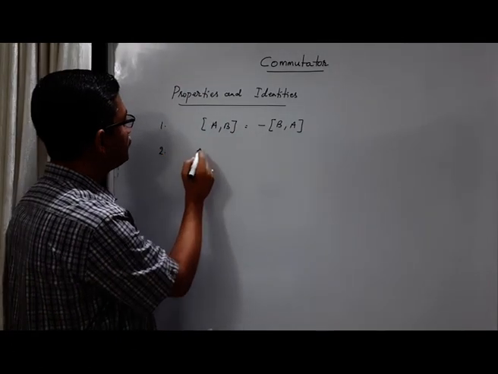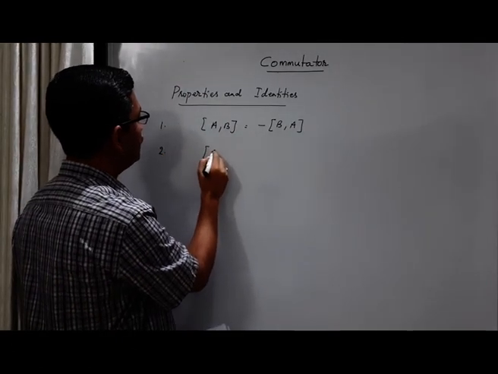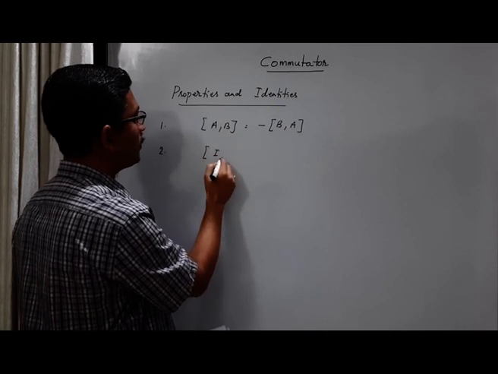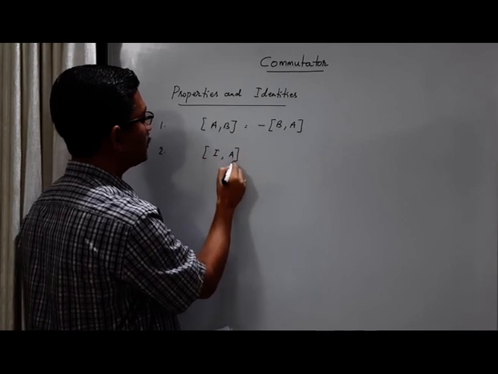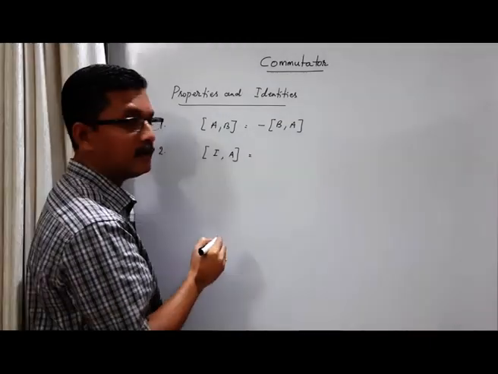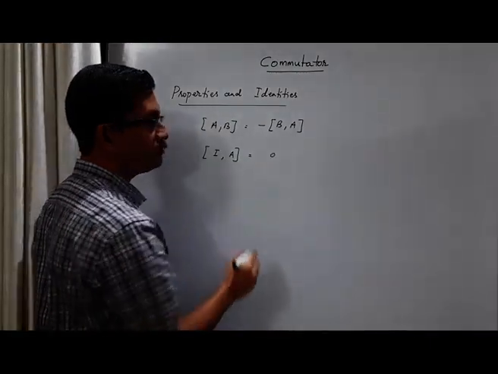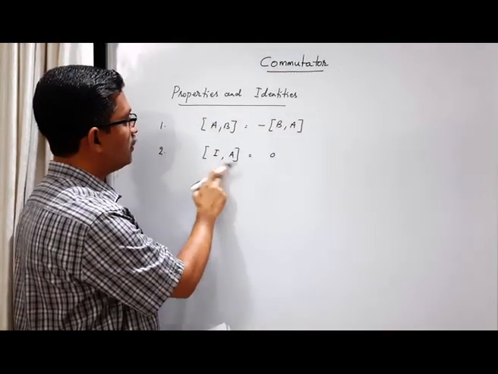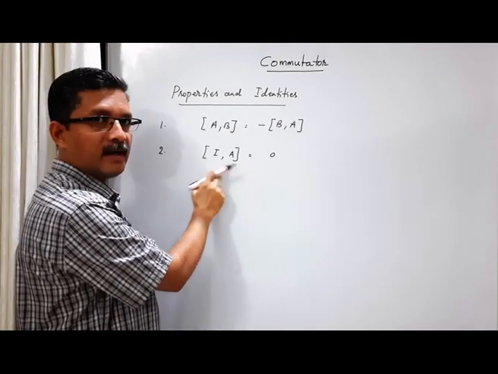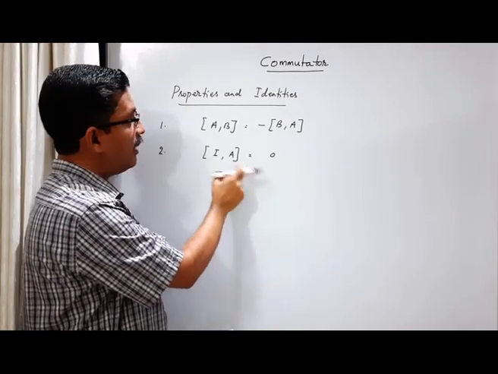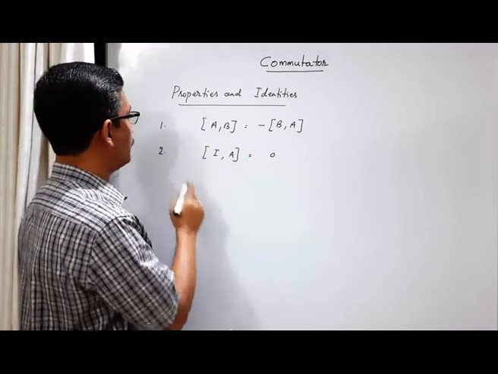Then, the commutator between an identity operator and a given operator is 0. If you expand it, IA minus AI: I times A is the same as A, AI is also A, so the difference is 0.